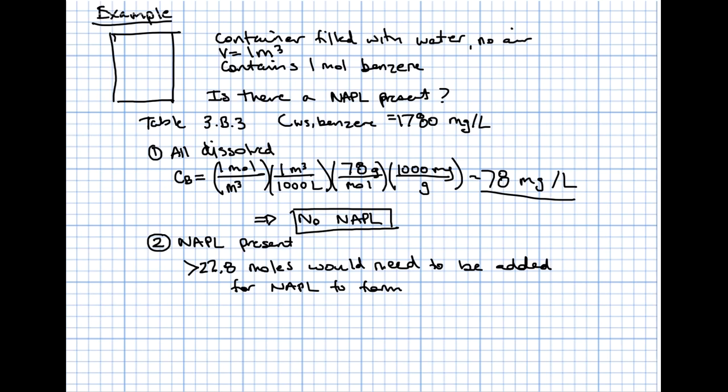All right. The next type of solubility we're going to look at is the solubility of gases in water. So now we're talking about the phase transition of a compound present in the gaseous phase and becoming dissolved in the water, so from the gas phase to the aqueous phase.